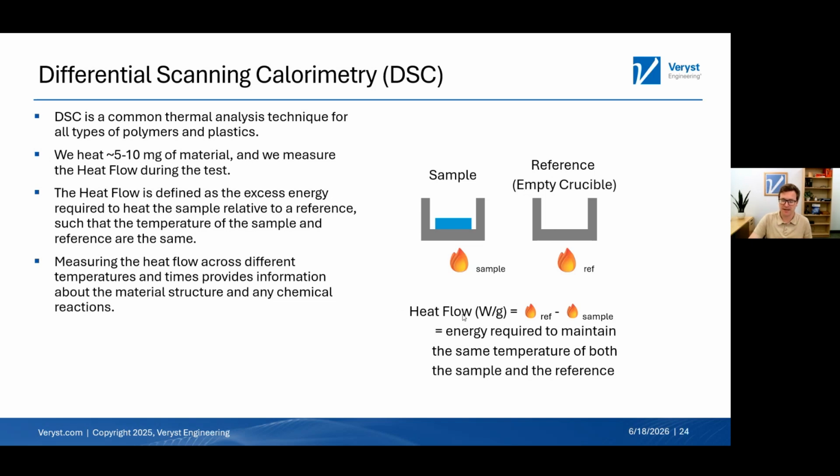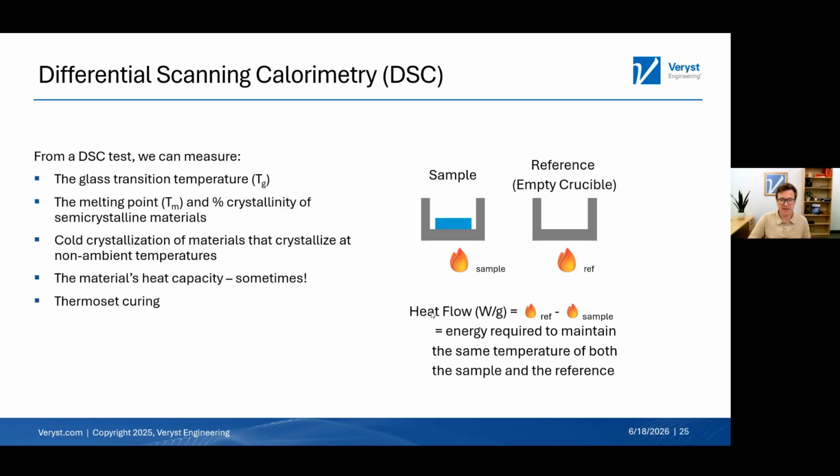That's why, in the plots that you get from a DSC test, the actual test result is usually heat flow versus temperature. It's what's used to analyze these tests. The things we can learn from a DSC test, from just a few milligrams of material, are the glass transition temperature, the melting point, and even the percentage crystallinity of your semi-crystalline material.